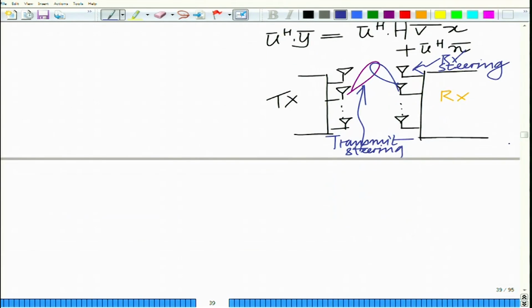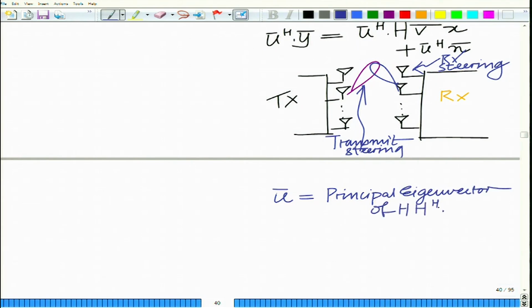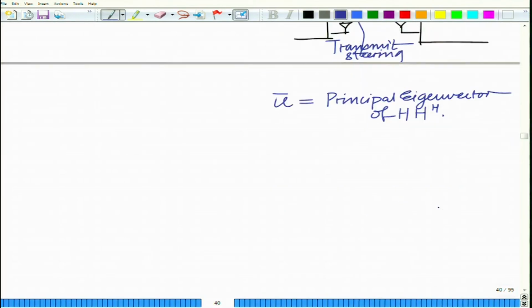And U bar equals the eigenvector of H Hermitian corresponding to the largest eigenvalue, or the principal eigenvector of H Hermitian, and V bar equals the principal eigenvector of H Hermitian.